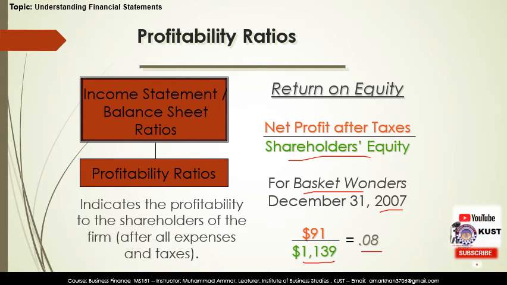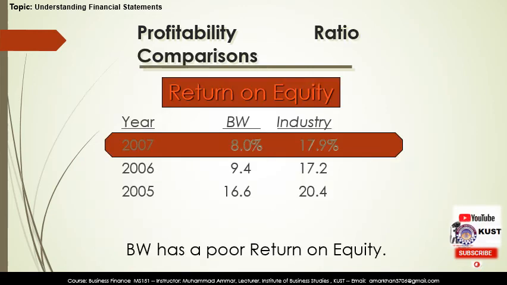So what does this 0.08 indicate? This indicates the profitability to the shareholders of the firm, that is after all expenses and taxes, because the ratio shows net profit after taxes. So now let's see this ratio in comparison to the industry average. For return on equity, we are comparing Basket Vendor with the industry average.